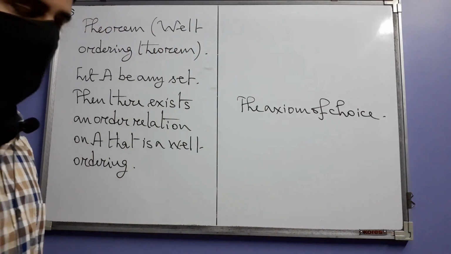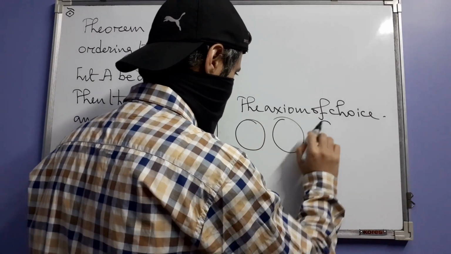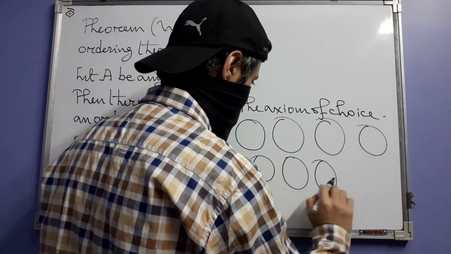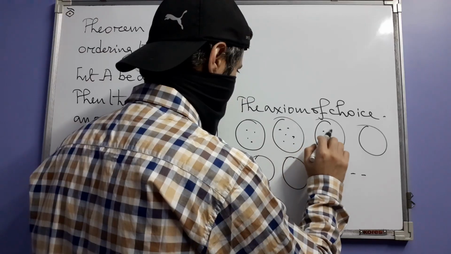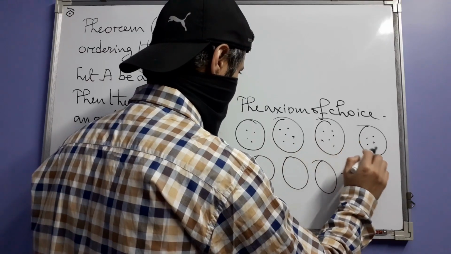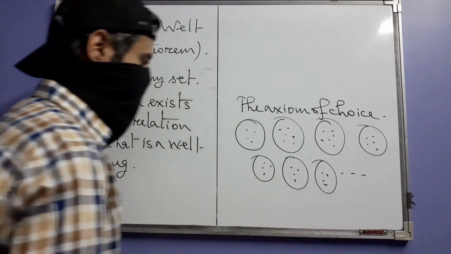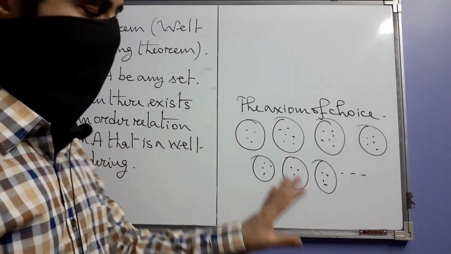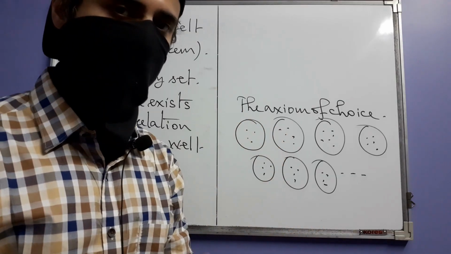The axiom of choice essentially just tells you this, that say you have a collection of non-empty sets. In each set there are some objects, some elements. There may be infinitely many such sets or finite, at least one set is there, but all the sets are non-empty.